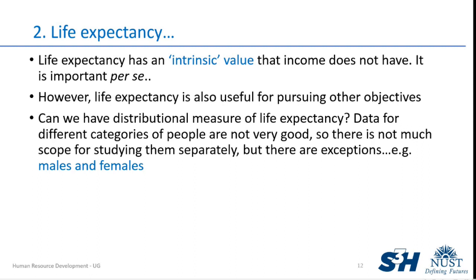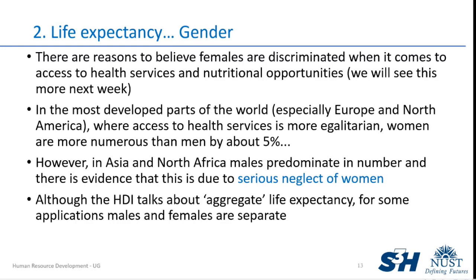But like income inequality, there is also a disparity between males and females. Okay, but the problem is that accounting for gender biases or gender inequality is not very easy. Even for developed countries, having different indicators for male and female is tough, especially when it comes to income distribution.